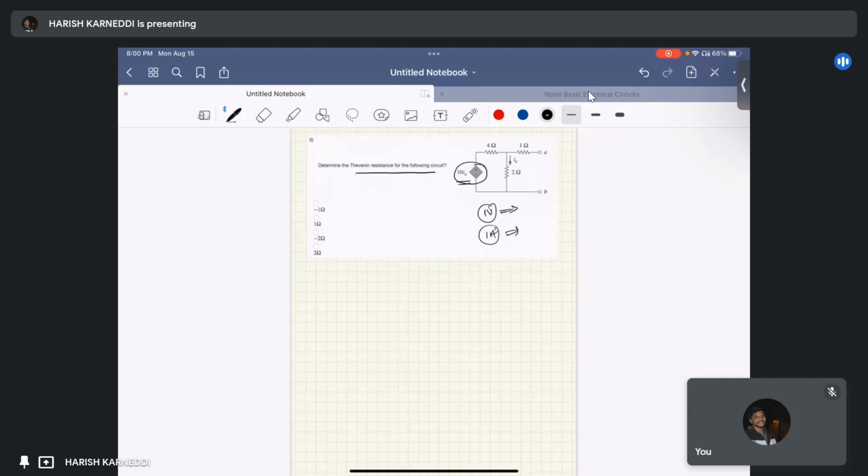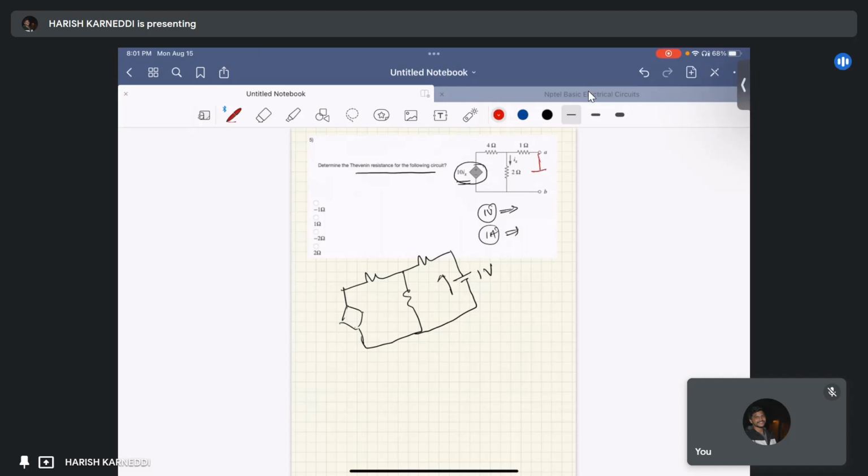However, both answers remain the same. If time permits, I will do both methods. I am energizing with a 1 volt source.